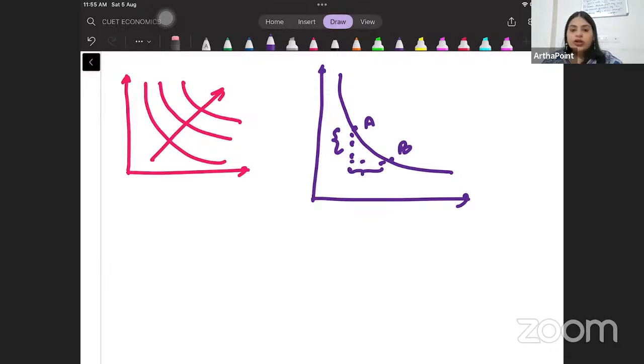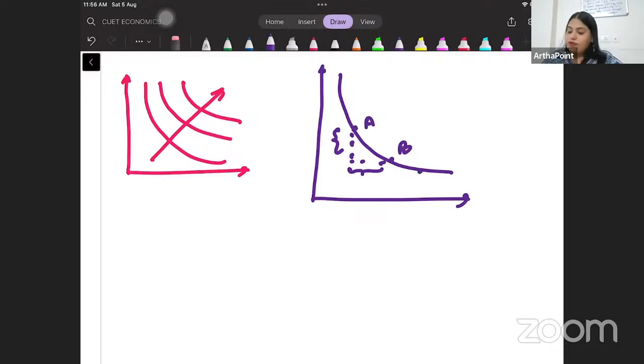So you should not mark more of good is preferred to less. I've seen many people doing that, but that is an incorrect option, right? So you will say that indifference curves are downward sloping because more of a good can only be purchased by sacrificing the other good.